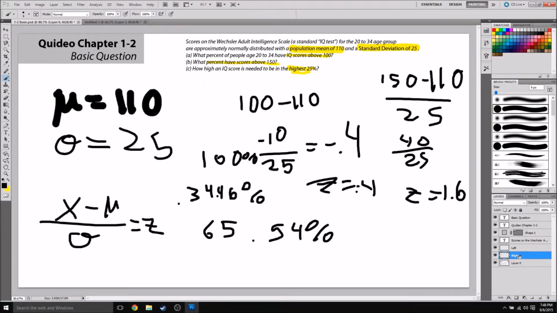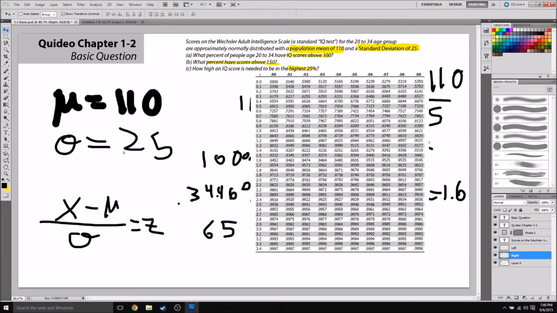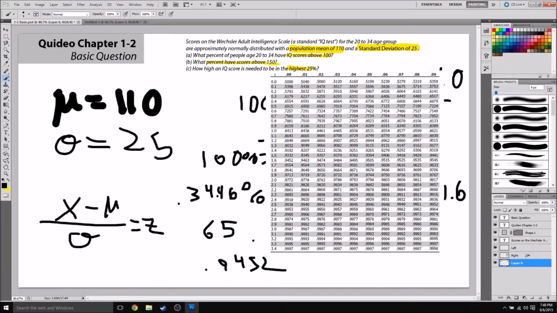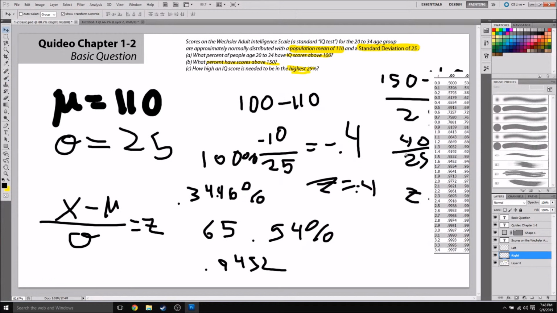For the z-score of 1.6, we need to find it on our chart for positive z-scores. So I'll bring that in. 1.6 is 0.9452. Let's write that down right here, 0.9452. Now we have the room to work. That is our percentile value.